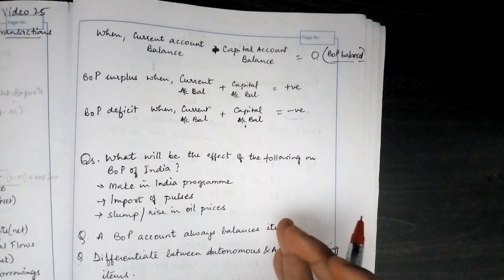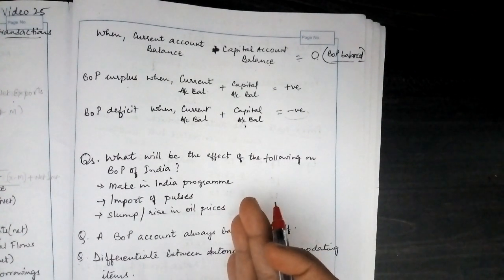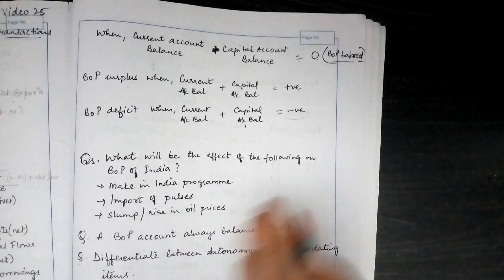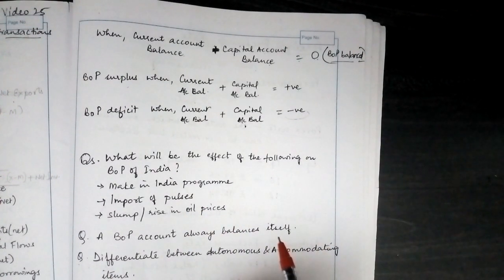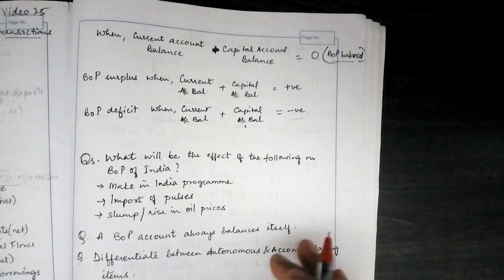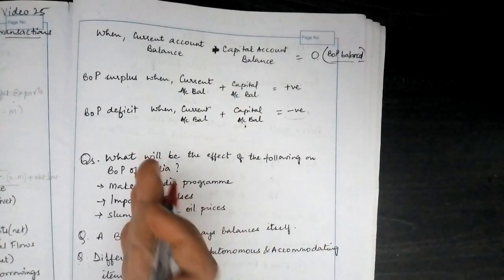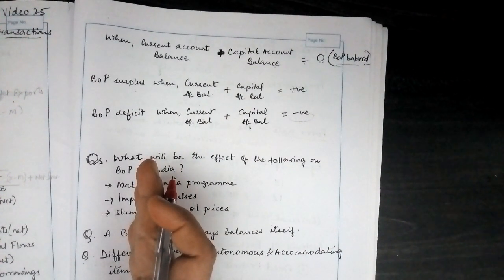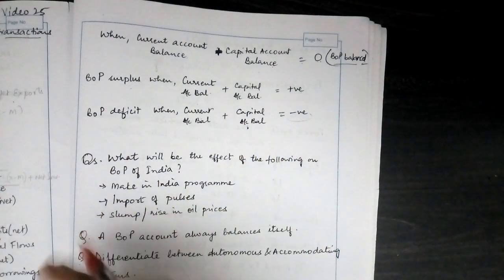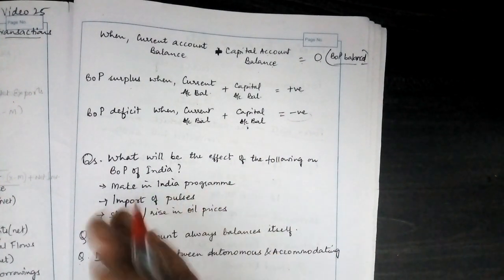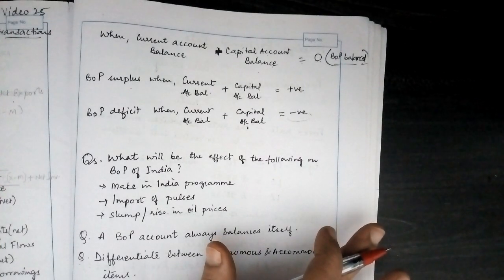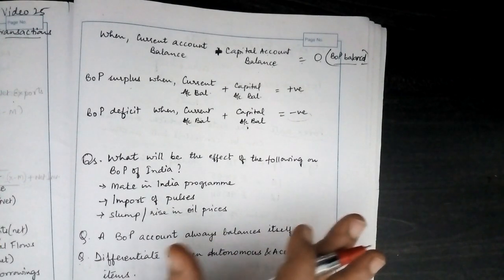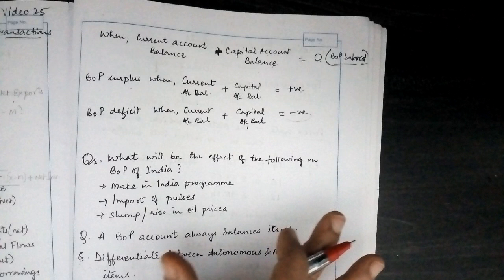Then the second point is autonomous items cause a surplus or deficit in the balance of payment, whereas accommodating items restore the balance of payment balance. Then autonomous items may involve movement of goods across the borders like export and import, whereas accommodating items do not involve the movement of goods. They involve only the movement of official reserves with the RBI.